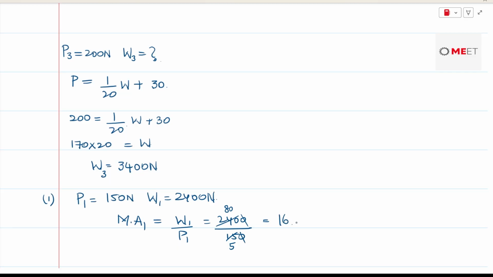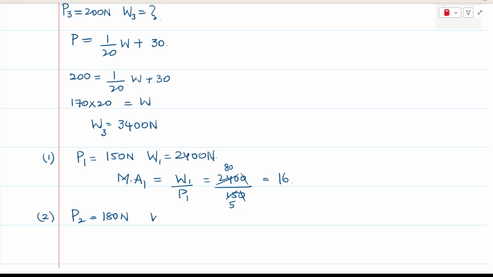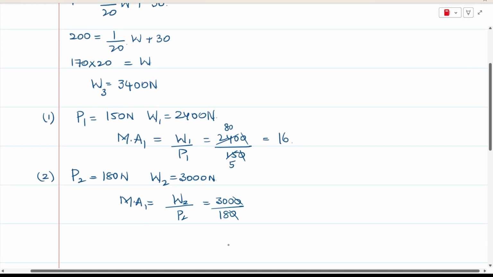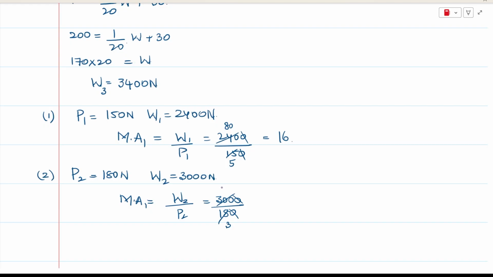So 16 would be the mechanical advantage. In situation 2, the effort is 180 Newtons and the load is 3000 Newtons, and the mechanical advantage will be W2 by P2, which is equal to 3000 divided by 180, which is 16.67.